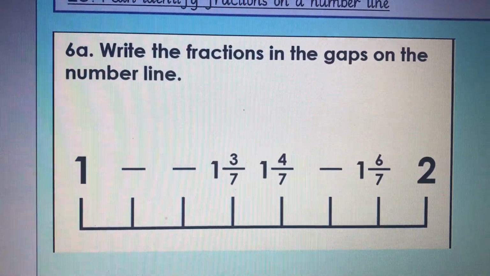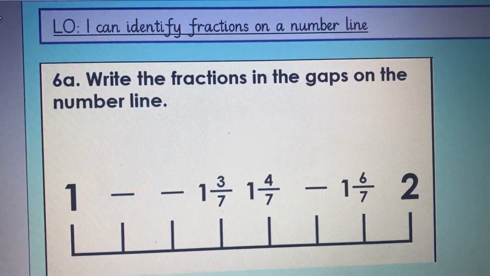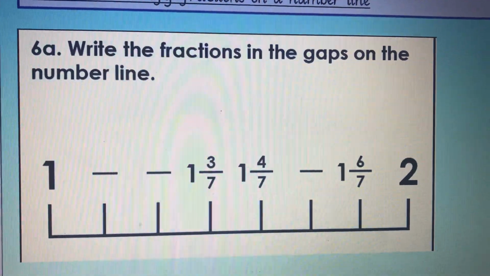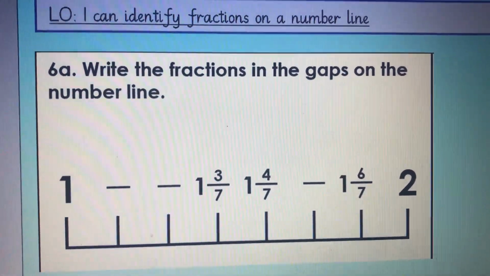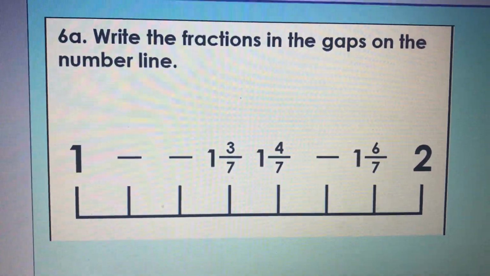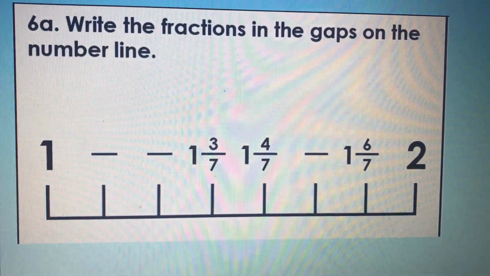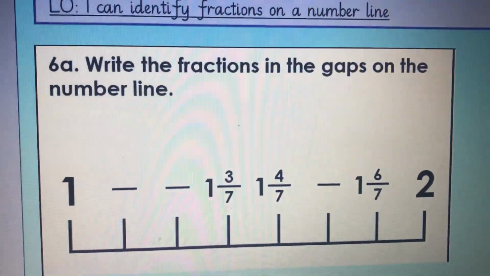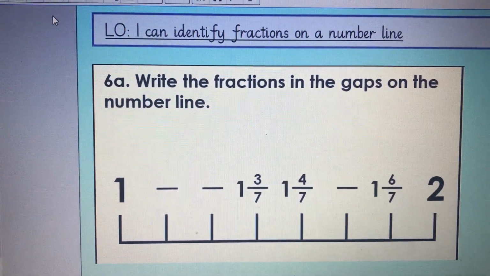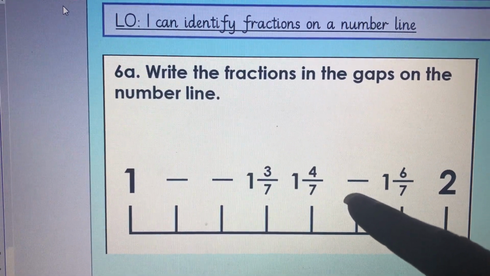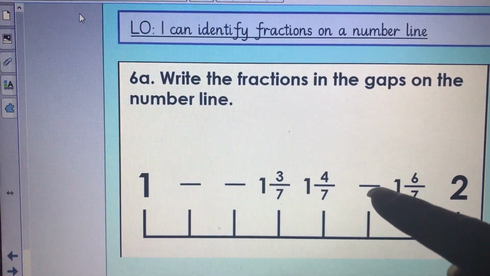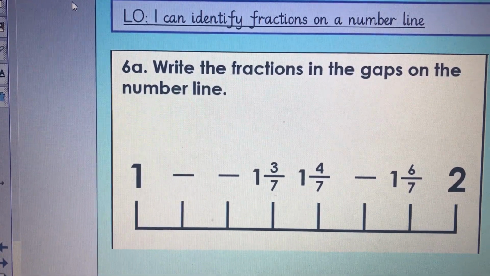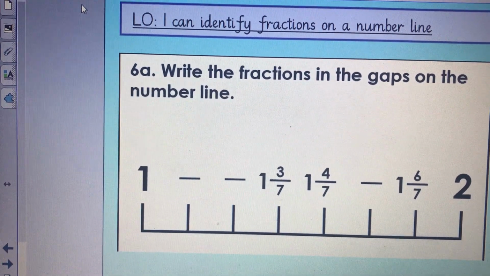I think the easiest one to fill in first is actually this one here at the end, between 1 and 4/7 and 1 and 6/7, because the missing number there that stands out to us is 5. So this one here would be 1 whole, and then 5/7 would fit very nicely between 4/7 and 6/7.